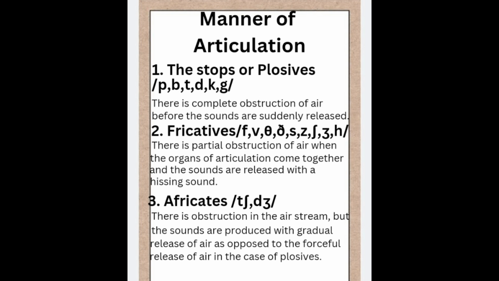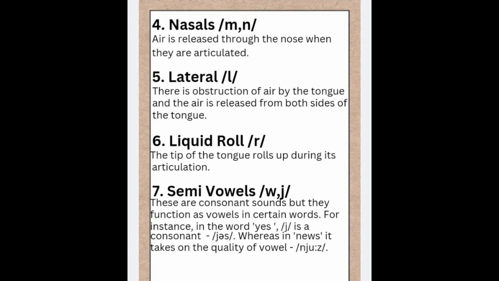The two sounds under affricates are ch and j. In the production of these sounds, we have obstruction in the air stream, but the sounds are produced with gradual release of air, as opposed to the forceful release of air in the case of plosives.